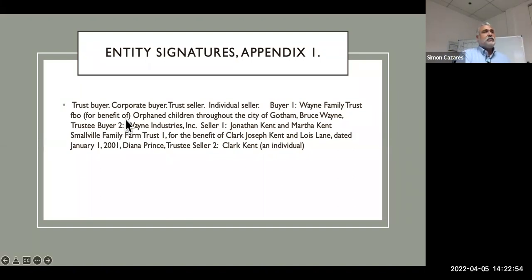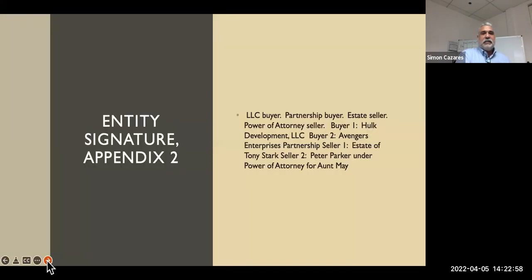So here are just some examples of what you would be putting on the listing agreement or the purchase agreements as well. Entity and signatures: LLC buyer, partnership buyer, estate seller, power of attorney seller. Buyer, Hope Development LLC, buyer, to Avengers Enterprises, partnership seller one, Estate of Tony Stark, seller two, Peter Parker under power of attorney for Aunt May.